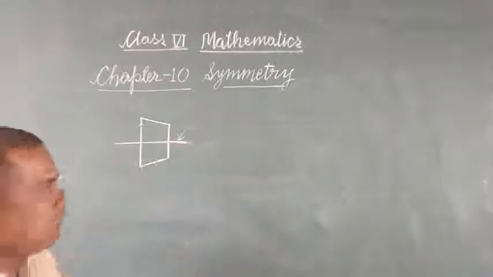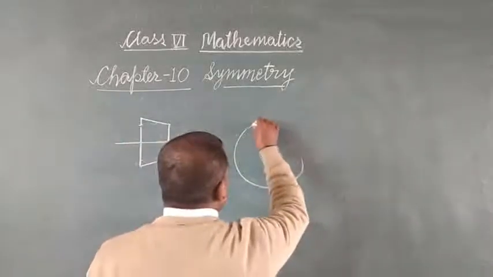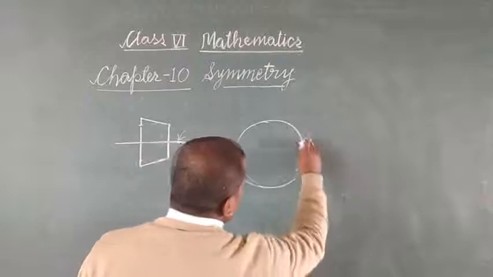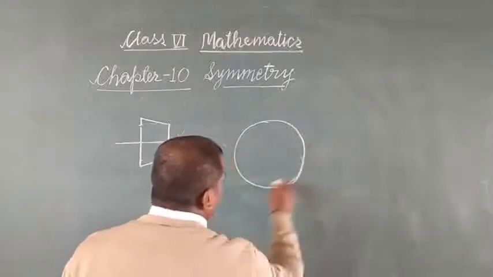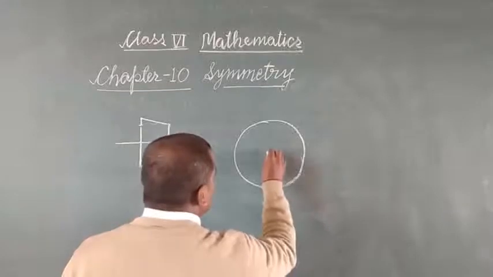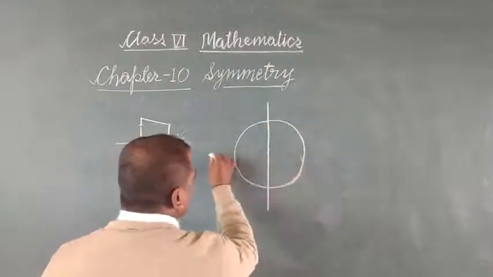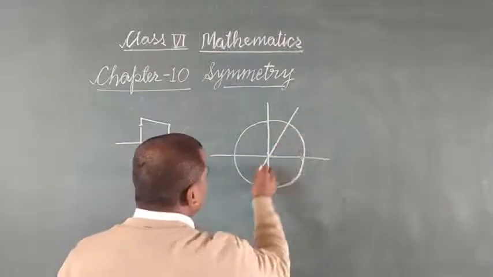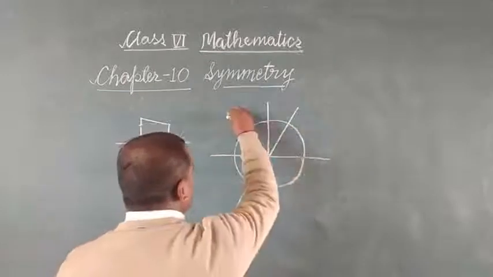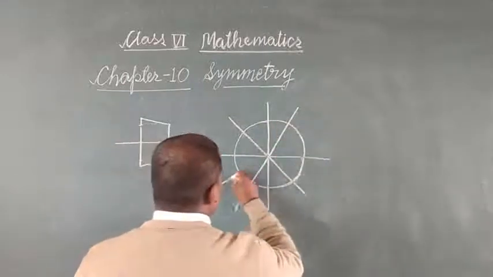Now, you see the figures. Suppose we have a circle. So how many lines of symmetry in this case? Suppose the center. This half, this half. This half, this half. This half, this half. This half, this half.